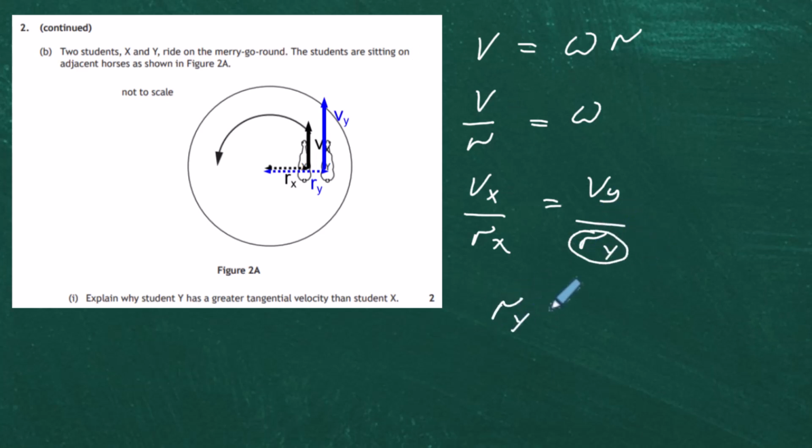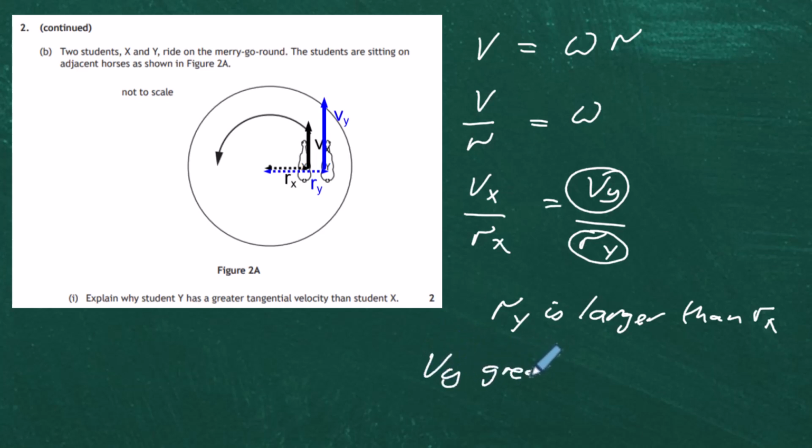If Ry is larger than Rx, which you can see there, then it follows that in order to keep the same ratio, Vy must be greater than Vx. So the tangential velocity of y will be greater than that of x, simply because it has to keep the same ratio in order to keep the angular velocity constant. Remember, omega here is always the constant.